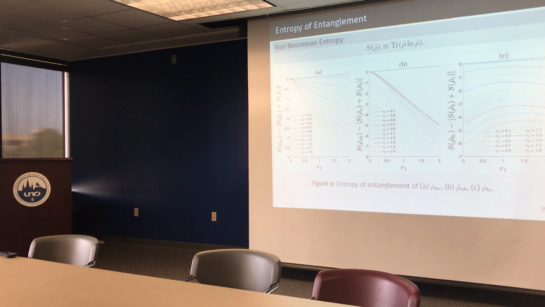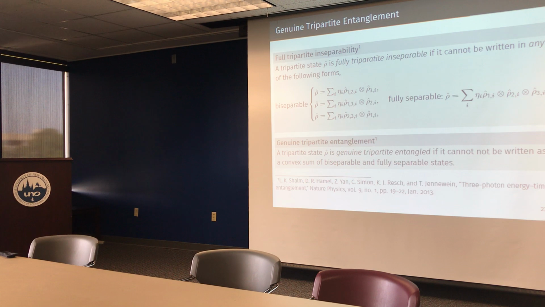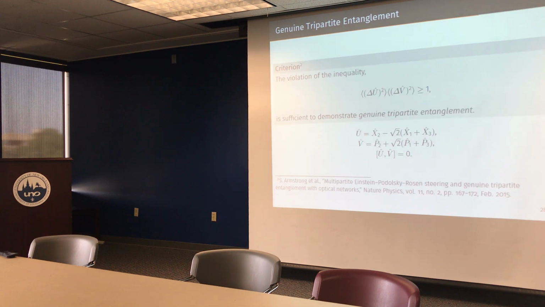So there's an inequality that you violate that demonstrates tripartite entanglement. It seems to depend very much on the fact that U is some combination of position measurements and V is some combination of momentum measurements. So how good do you feel about your measurements? Because if you're measuring not X, but something a little off from X, then this isn't necessarily true anymore.